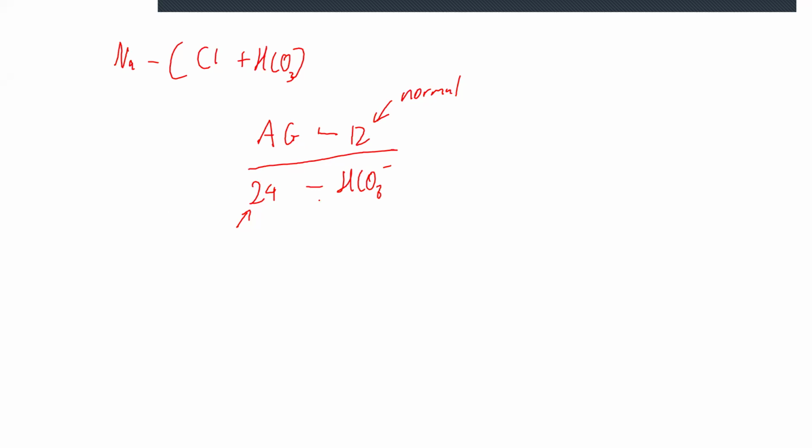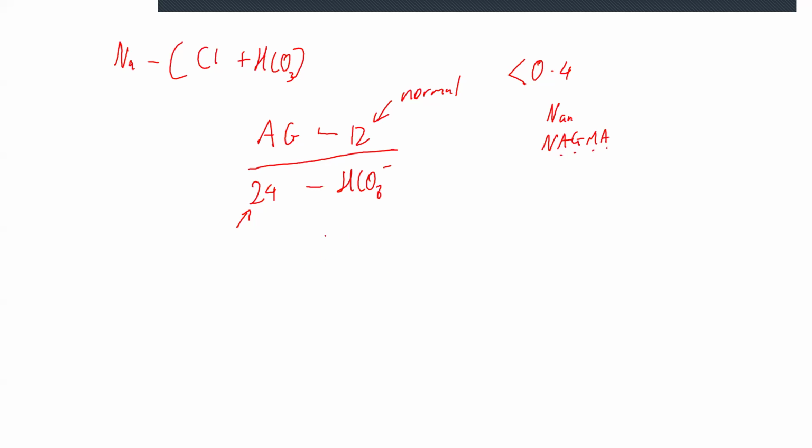Once you do this equation, you're going to get one of three results. In the first situation, the delta delta is less than 0.4. Without going into too much detail about the fancy maths, this tells you that it's a non-anion gap metabolic acidosis, or NAGMA.